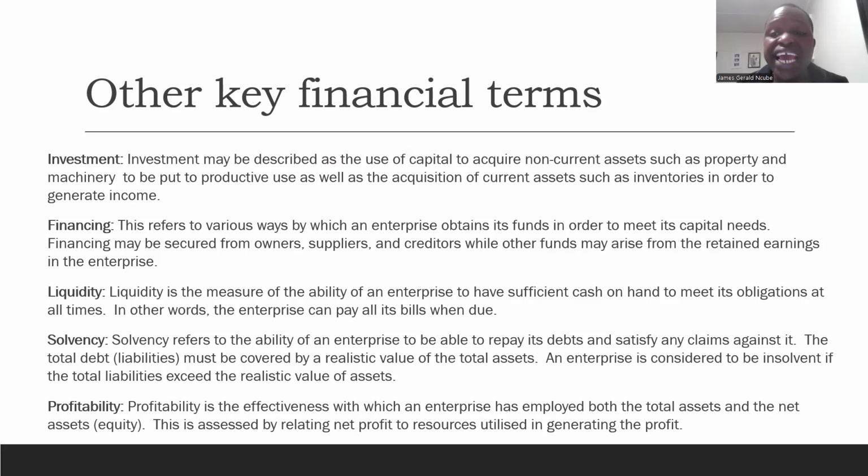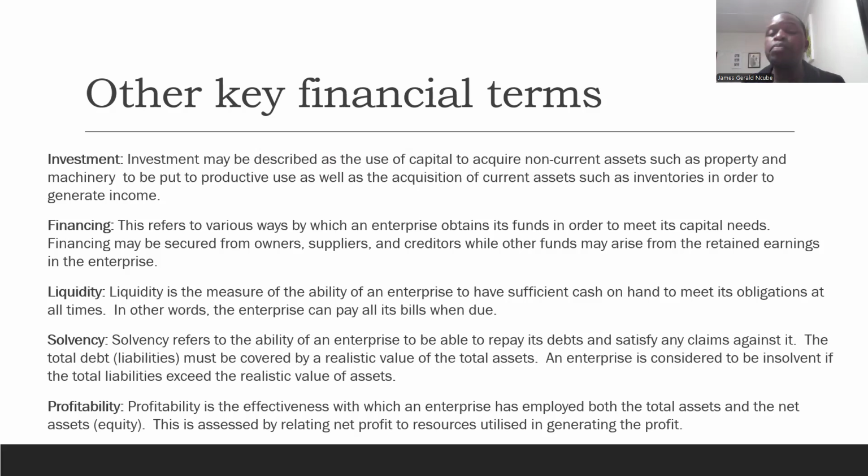Liquidity, we are looking at whether you are able to pay off your short-term obligations. For example, your liabilities, your suppliers, your salaries, your bills as they fall due at month end. So that is liquidity. Solvency, we are asking whether the value of the company is more than the money that was borrowed.